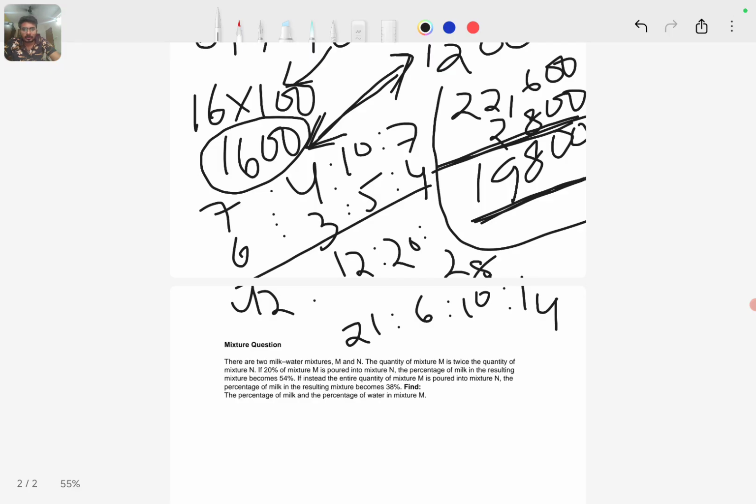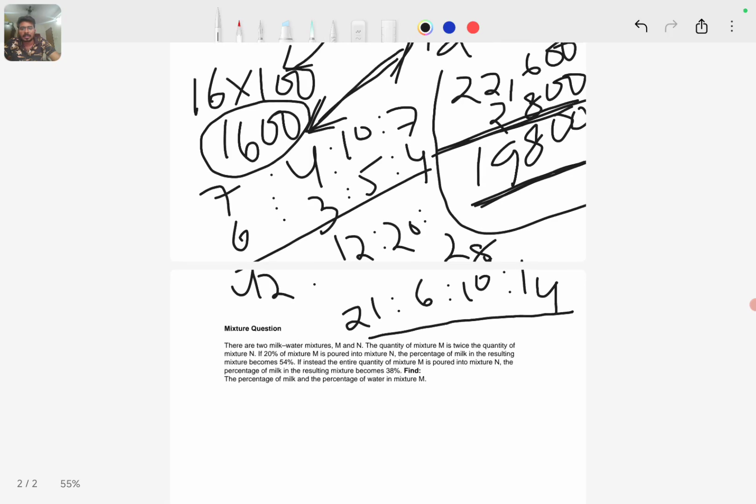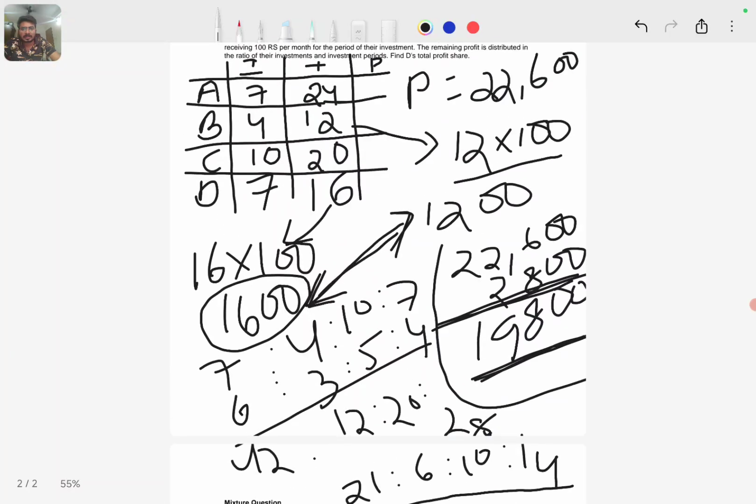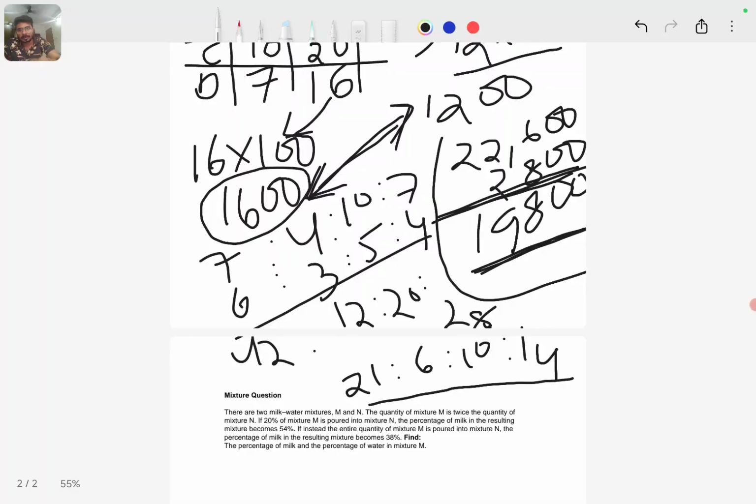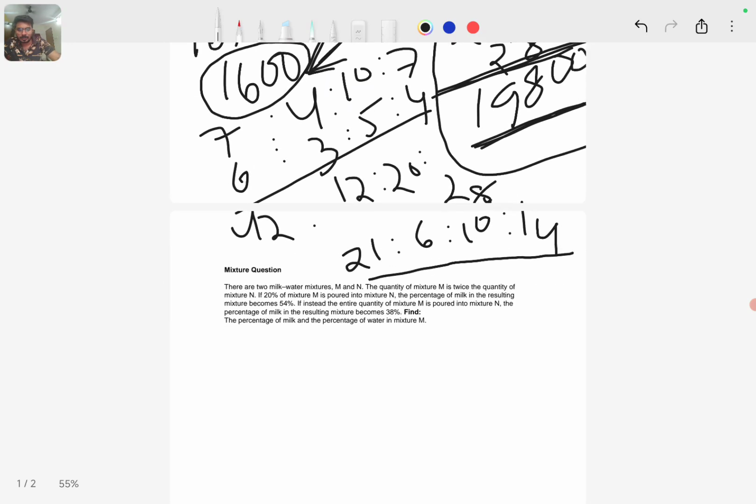Okay, so the remaining profit should be distributed among themselves in this ratio. What it is asking is the total profit: the active partner commission also, and the remaining profit also. We need to combine both for D's profit, and answer D's total profit. So D's total profit means what?